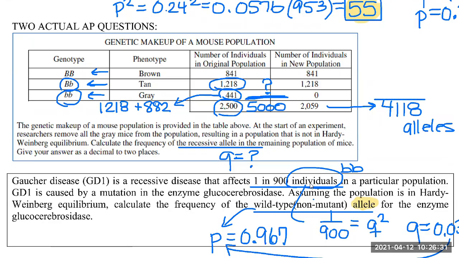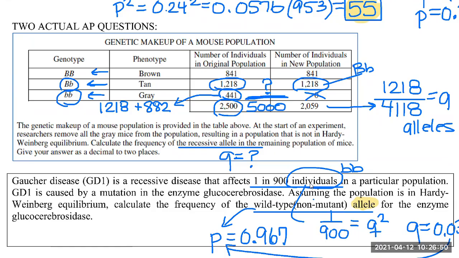All right, well, Q is going to be how many of those letters are little b? Well, we know there's no recessives, but we do have 1,218 heterozygous ones, and they only have 1 copy of little b, right? Because they're big B, little b.